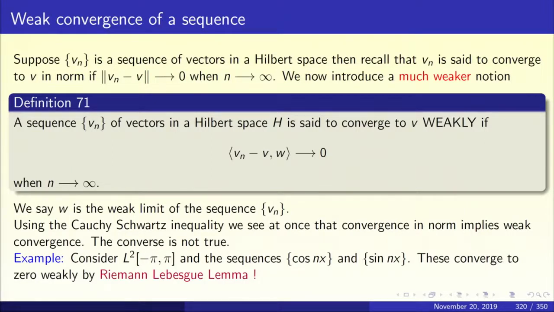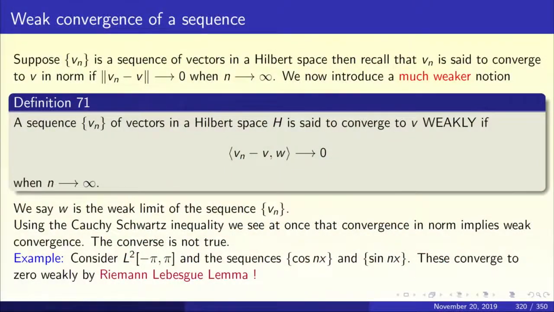Now, we introduce a much weaker notion, that of weakly convergent sequences. A sequence Vn of vectors in a Hilbert space H is said to converge to V weakly if the inner product of Vn with W converges to the inner product of V with W for every W in H. So we say that V is the weak limit of the sequence Vn.